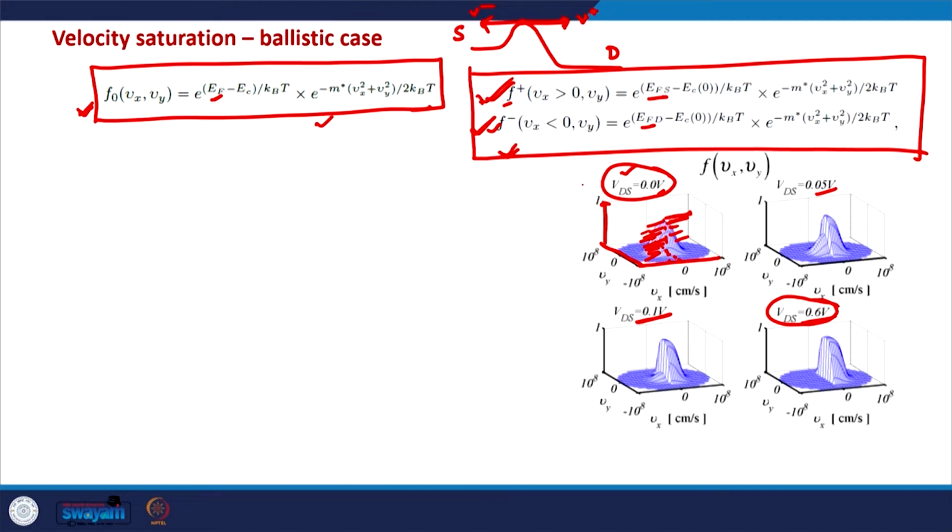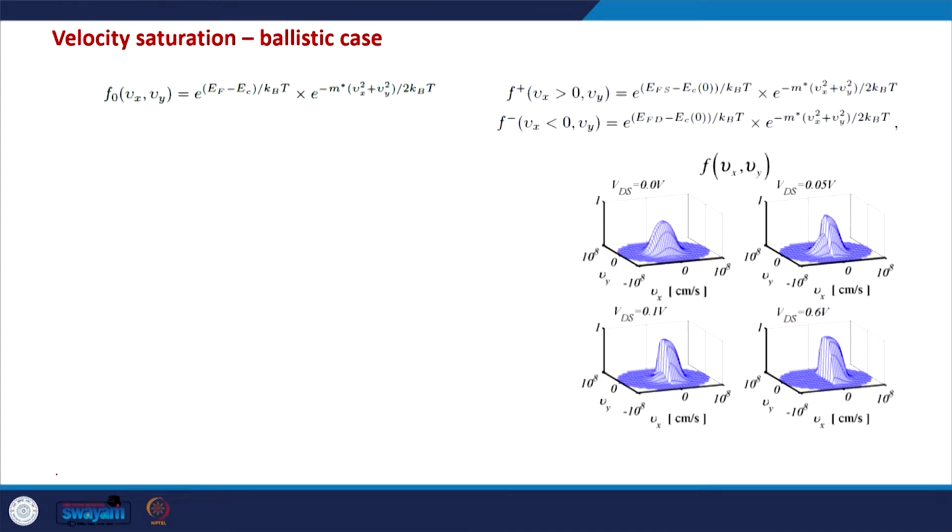And since VDS of 0 volts amounts to the equilibrium state, it means that f plus, which is the positive half of this distribution, and f minus, which is the negative half, are both equal to each other.